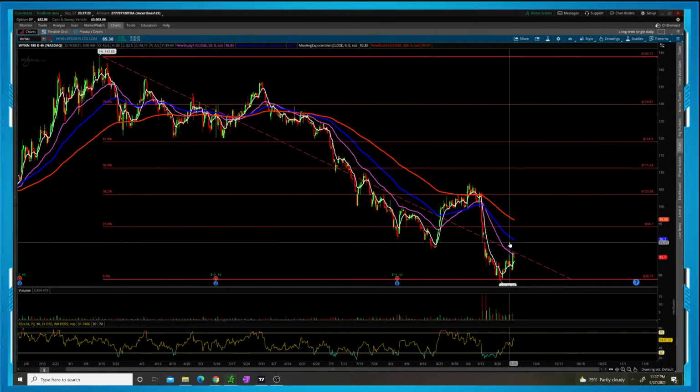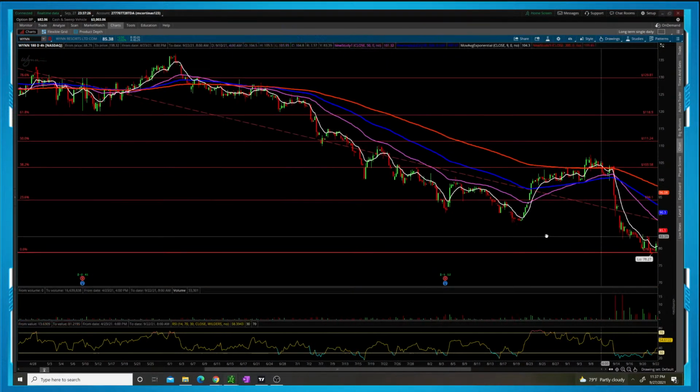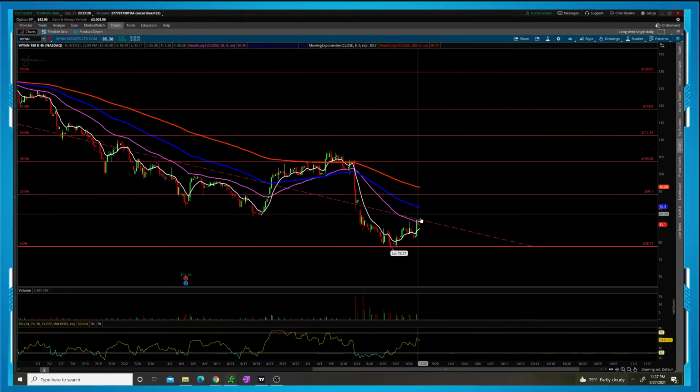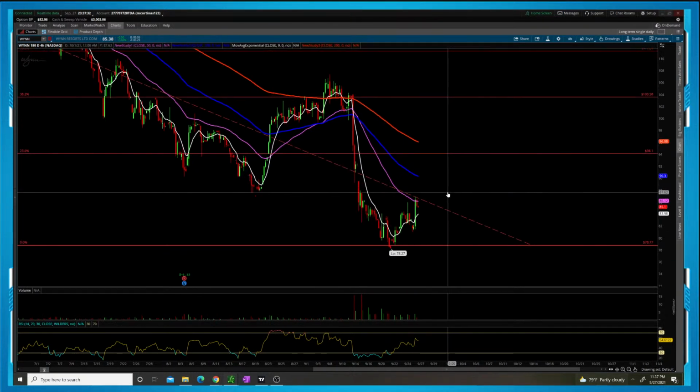So looking at the 4-hour, zoom in a little bit. We are actually right underneath the 50 EMA. So 4-hour is a little bit more of a shorter time frame. If you're looking at the daily chart, that action is going to take days to play out.